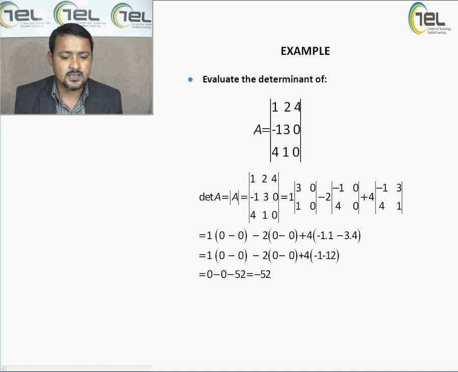We expand it and the value is coming to be -52. So the determinant of this matrix which is given to us is -52. So as we have already discussed, and we have done one question, a determinant is a numerical expression of the value of a given matrix.